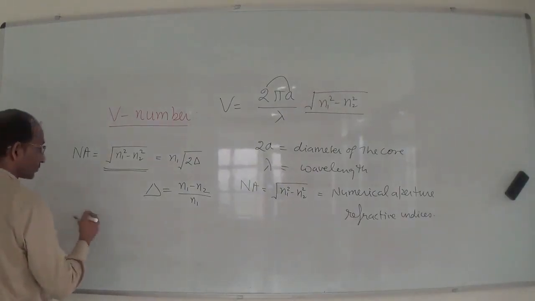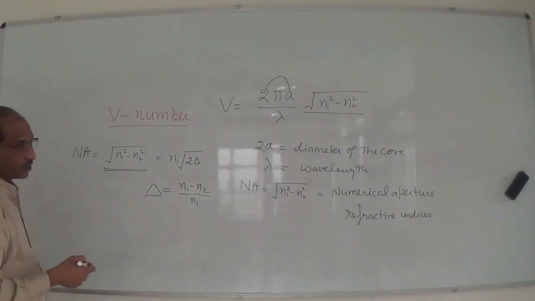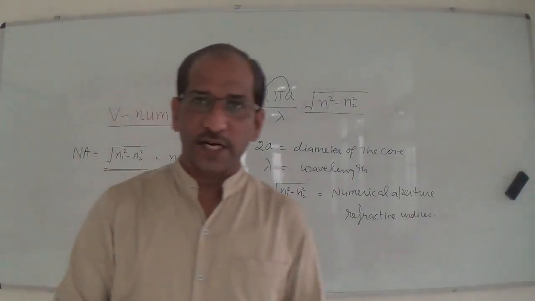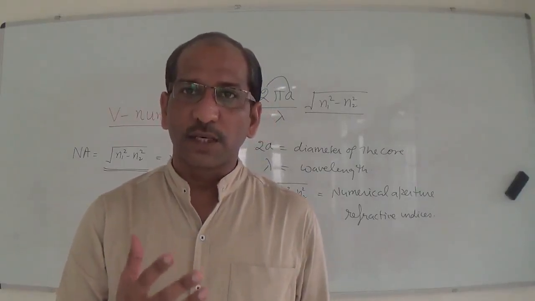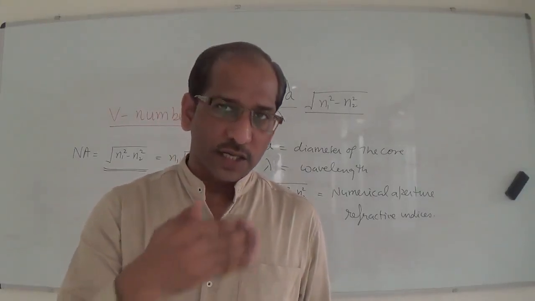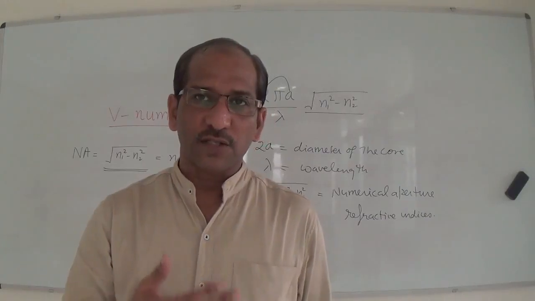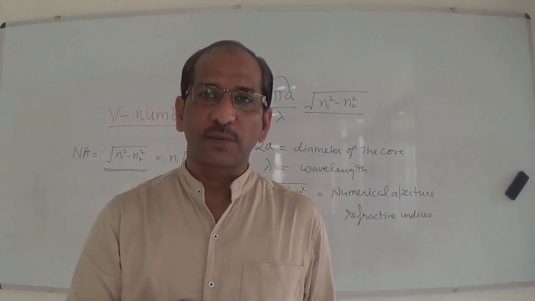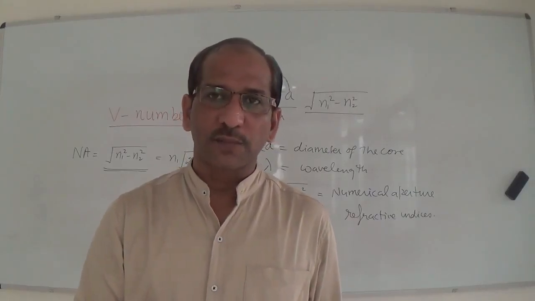So the information, what information basically one can extract from the V number. As in the earlier case we have seen single mode and multi-mode, step index optical fiber and graded index optical fiber.